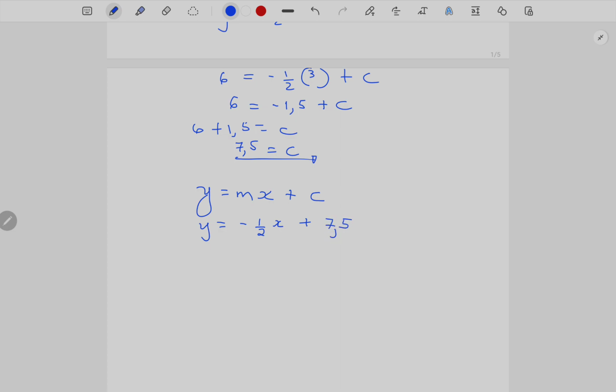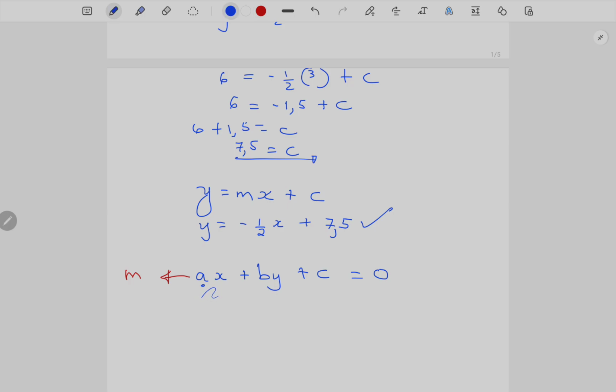We were going to say this is the final answer, but the question says leave your answer in general form. So what is the general form? The general form is ax plus by plus c is equal to 0. A stands for the value of m.